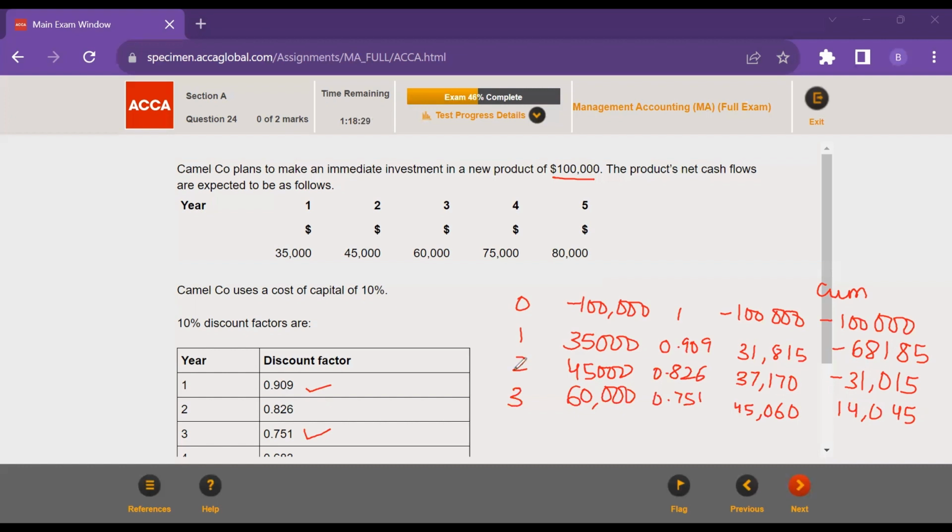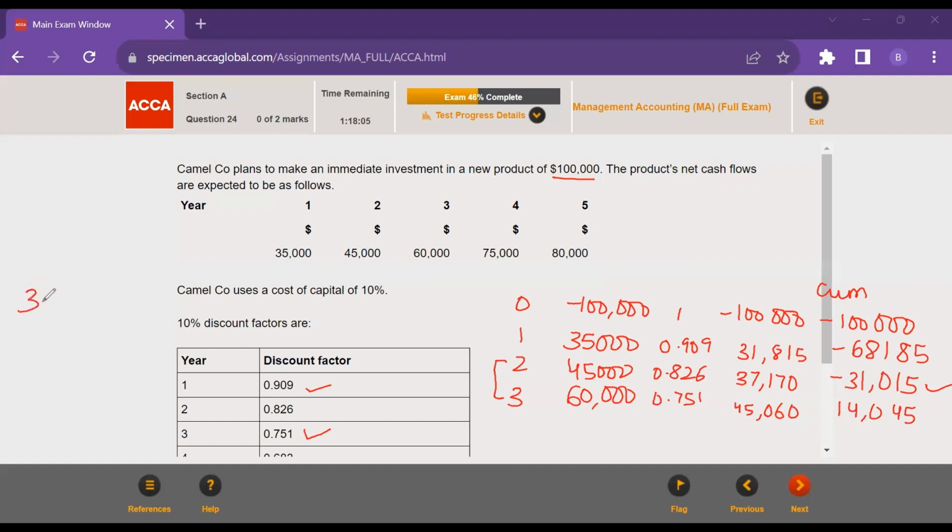So now I can see that I have obtained a positive figure. The payback will definitely occur between year 2 and year 3. So I will find out how much proportion I am needing of year 3, because year 2 is complete. In year 2 we were still negative, but somewhere in the middle of year 2 and 3 we have achieved our payback. So what we'll do over here, we were needing 31,015 more, right?